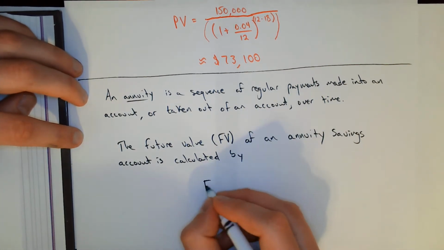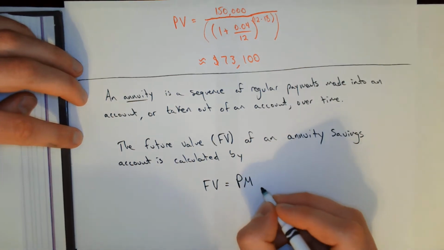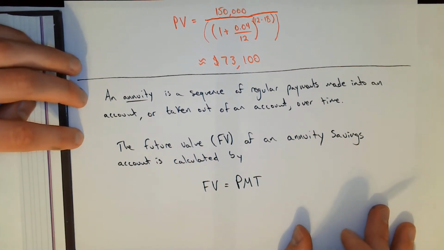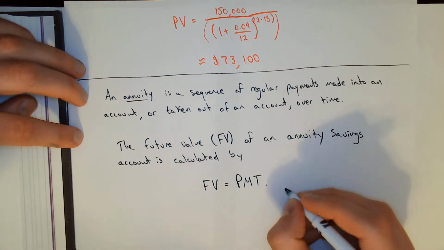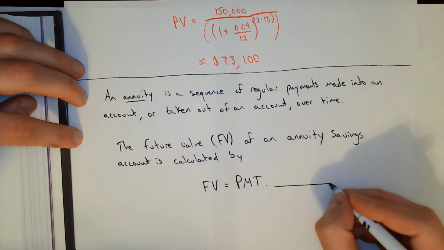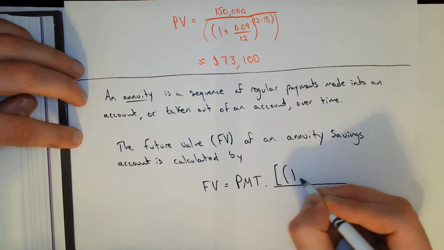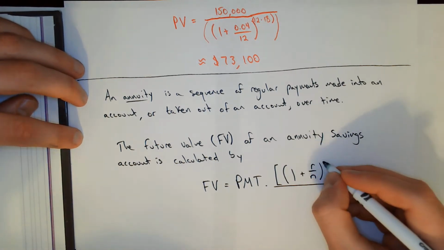Okay, so FV, the future value in the account, is going to be equal to the payment times, now this formula is going to look like a lot, but as long as our calculator work is strong, it won't be too bad.